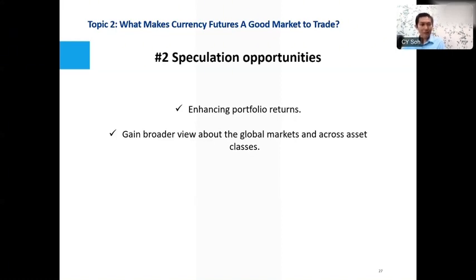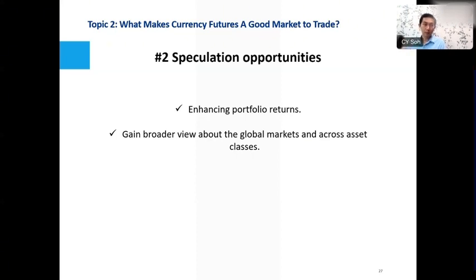Now, the second benefit in terms of speculation opportunities is that a lot of traders, sooner or later, are going to progress to be better, more advanced traders, right? So along the journey, when you are developing to become a more advanced trader, you will be looking at more fundamentals instead of just local fundamentals.